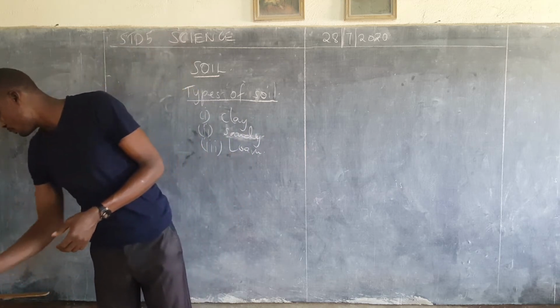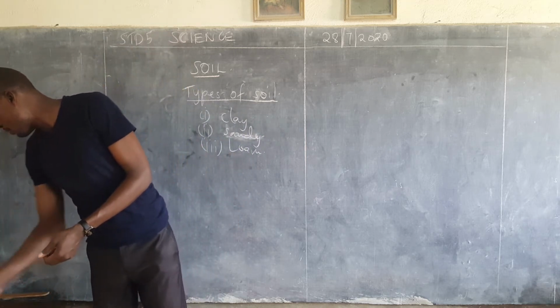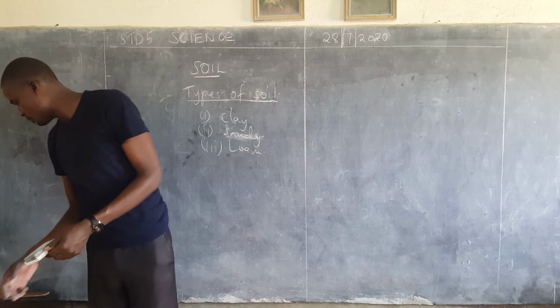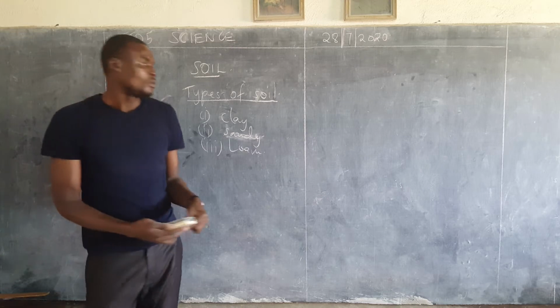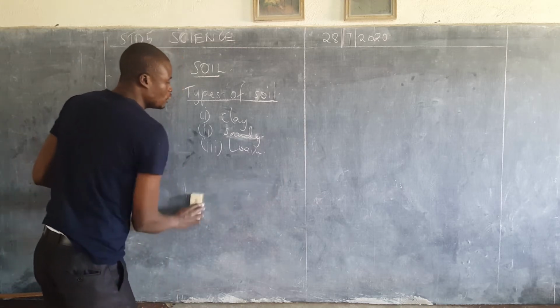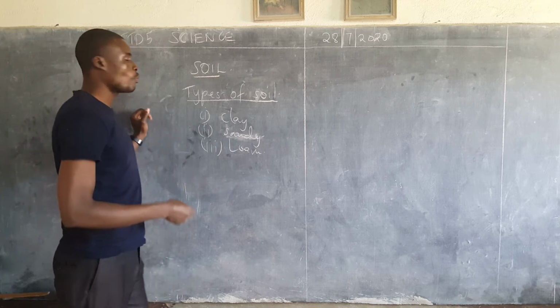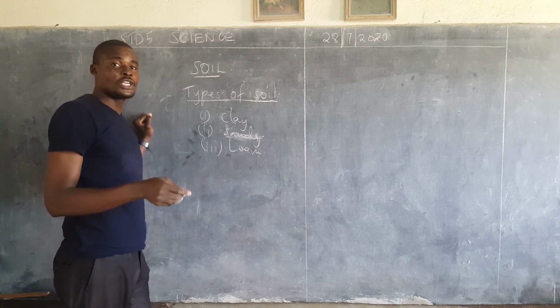So we need to know first of all the uses of soil, of which we learn that soil is mainly used to plant. We use soil to plant our crops.